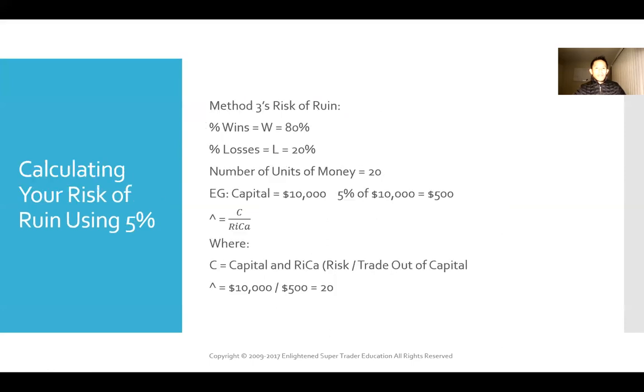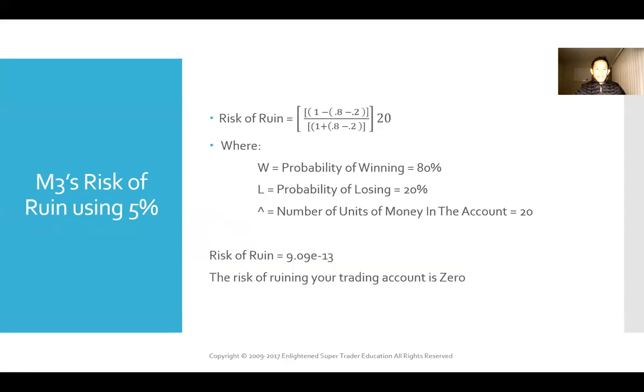Okay. Now, what happens if you want to risk 5%? Calculate your risk of ruin using 5%, meaning that you're willing to risk 5% of your capital per trade. Then the number of units becomes 20. So the calculation will be the same. You're just changing the exponent to 20 rather than 10.